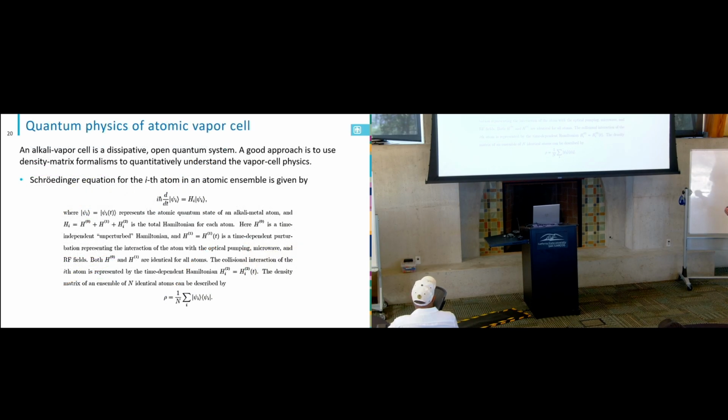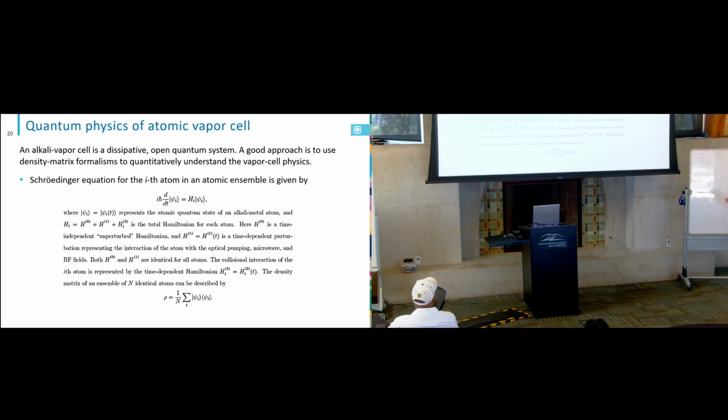Okay, now let's jump to some physics about the atomic vapor cell. The nice thing about the atomic vapor cell, like I mentioned before, is it's pretty easy to play with. You don't need to trap the atoms using a complicated laser scheme.